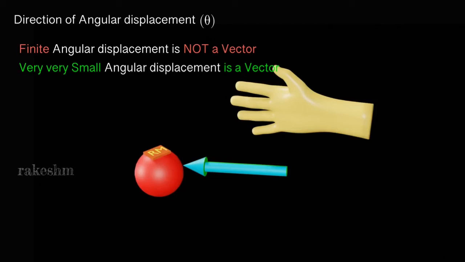Now the direction of this small angular displacement can be found by using the right hand thumb rule. If we turn our fingers in the direction of motion of the body, then the thumb will point in the direction of angular displacement. Okay, so let us have a look at this.